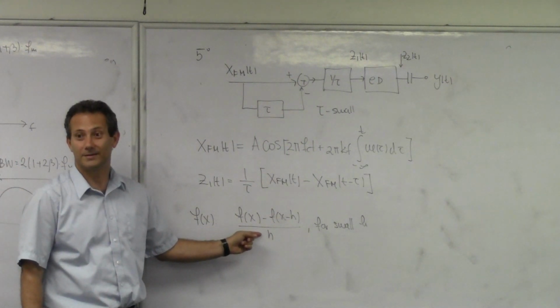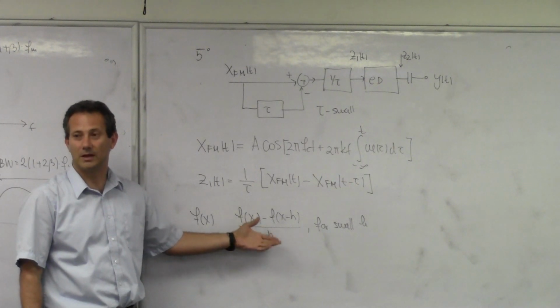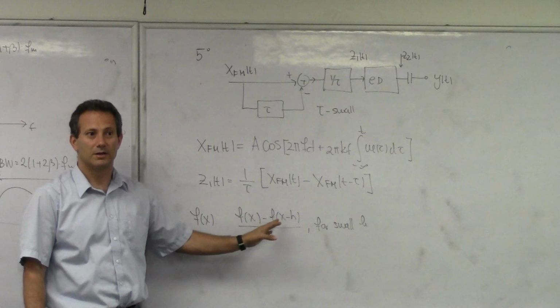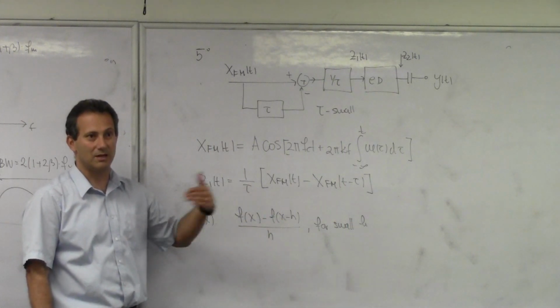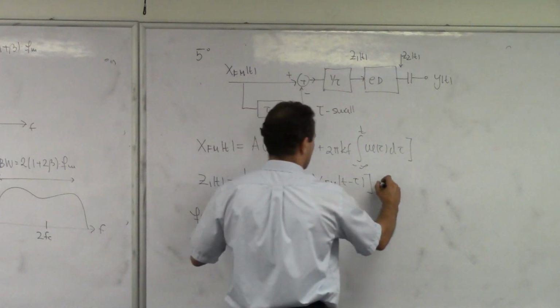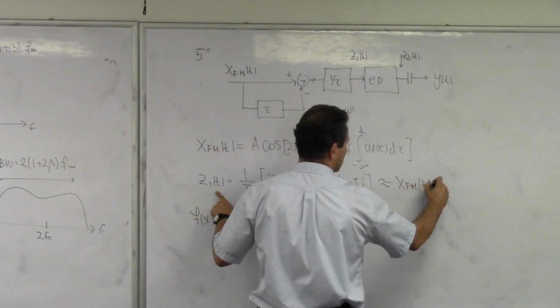Derivative, right? Remember how we defined the derivative? Limit when h goes to 0. This is a derivative on the right-hand side, but if the function is continuous, it's the same as the derivative on the left. So this one here is approximately the derivative, f prime.